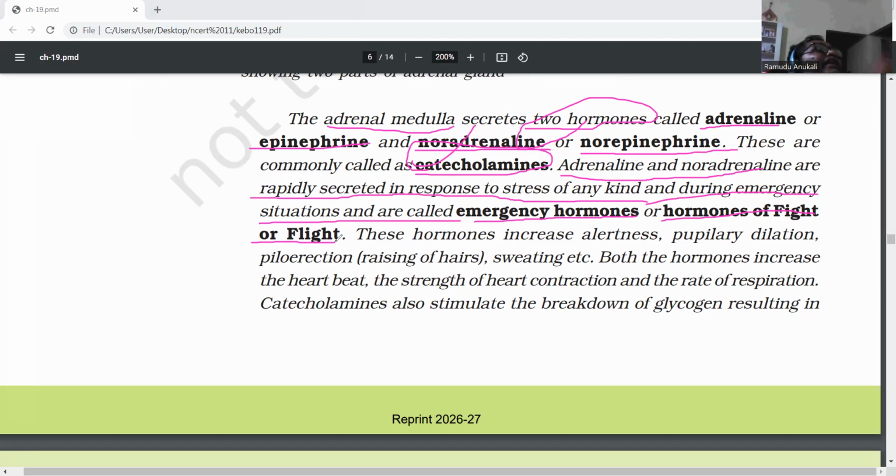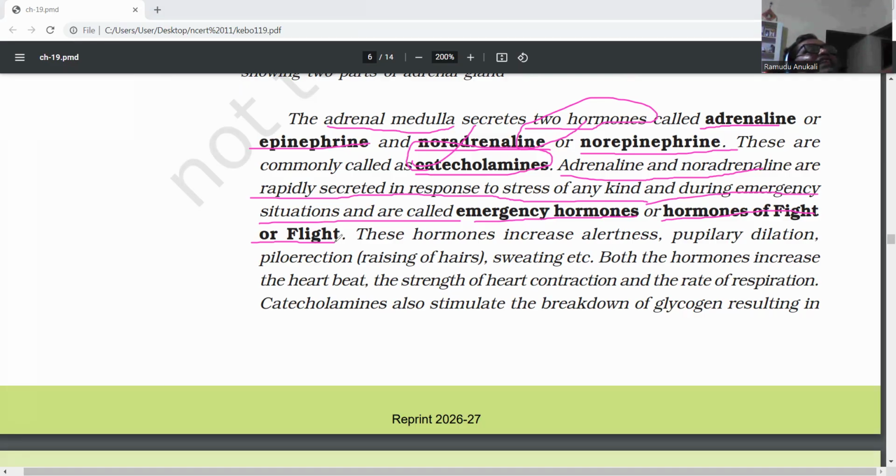Adrenaline and noradrenaline are both very, very important, and they are secreted from the adrenal medulla of the adrenal gland. They are called emergency hormones or hormones of fight and flight.